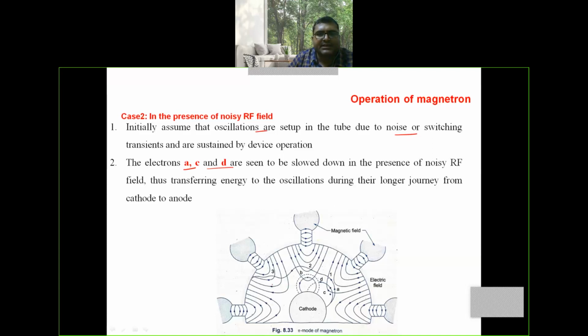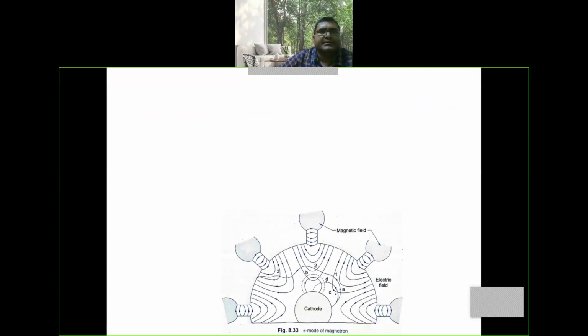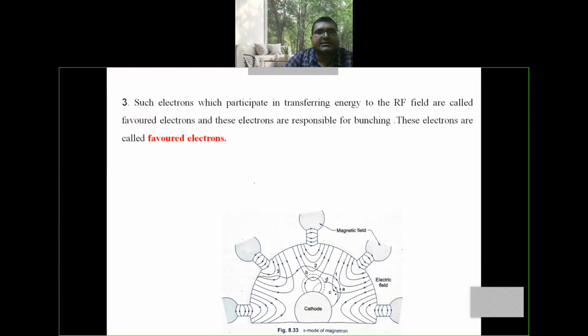Now here we are assuming that some noisy RF field is present in the interaction space. The electrons generated by the cathode, affected by this particular noisy RF voltage, travel in paths A, C, D. Such electrons which participate in transferring energy to the RF field are called favored electrons.